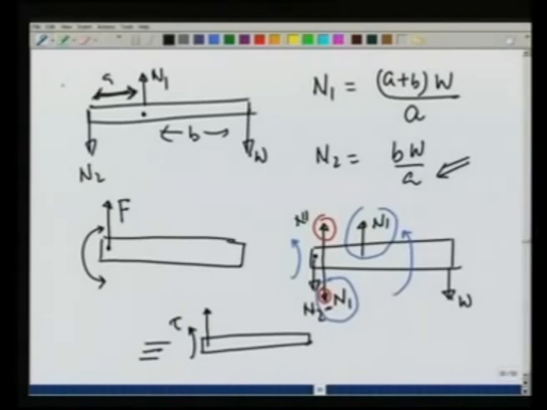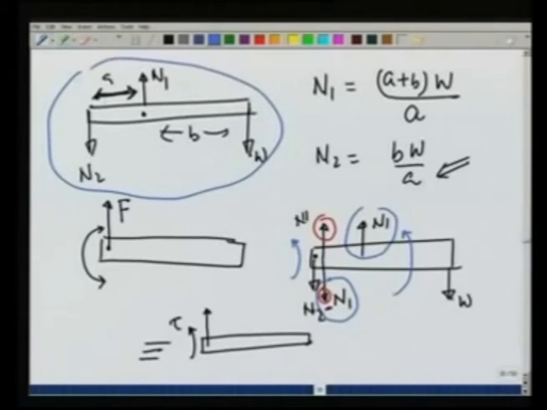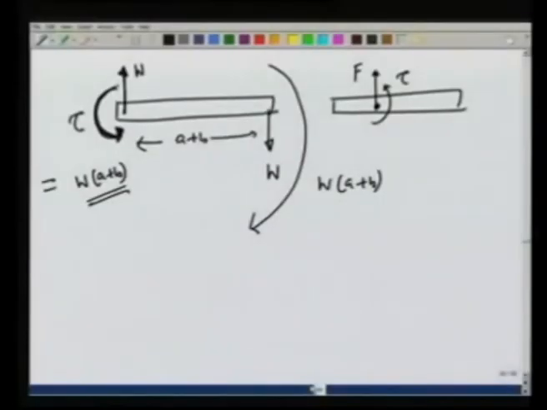If A is large, then N1 provides a larger and larger torque, and therefore, with large A I need less N1 at this point. Therefore, if you want to have a very stable support, push it really deep into the wall.